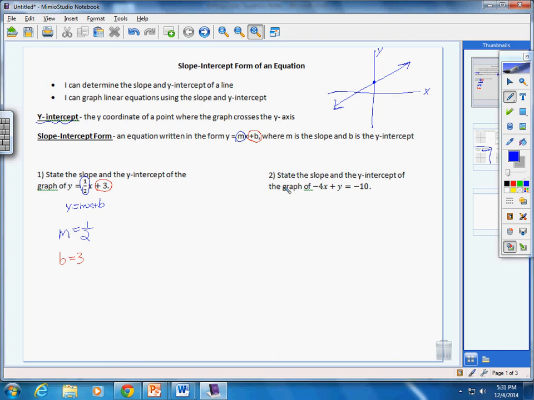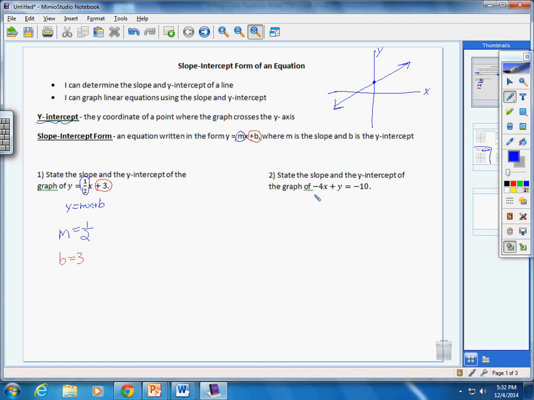Now let's move on. Same question. State the slope and y-intercept of the graph of this equation. The difference between number 1 and number 2 is one thing. You don't have y by itself. Let me tell you this, and I hope you're all listening. You absolutely must solve for y, because if you don't, your equation is not currently in slope-intercept form.